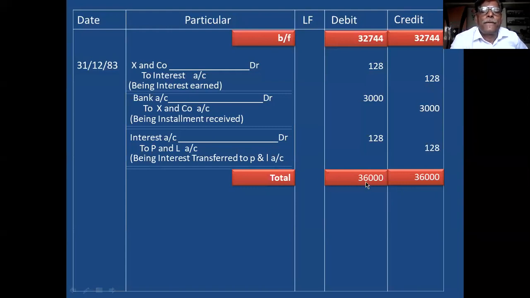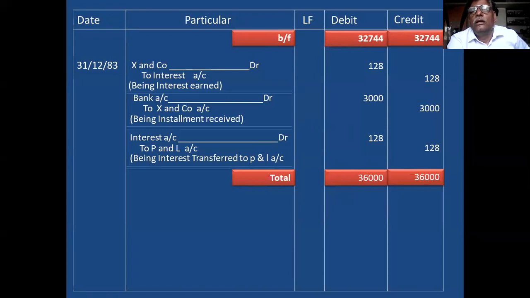In this way, you pass the journal entries. In this problem, I explained in detail the journal entries in the books of purchaser and seller. Make this problem perfect for journal entries. You will pass the journal entries in the books of purchaser and seller.